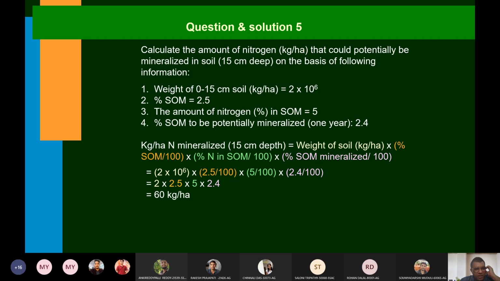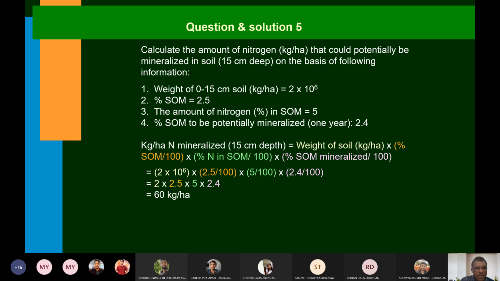Now, this is a demo or kind of numerical. Calculate the amount of nitrogen that could potentially be mineralized in soil on the basis of the following information. Weight of soil, 2 into 10 to the power 6 kg per hectare. Soil organic matter percentage in soil is 2.5.